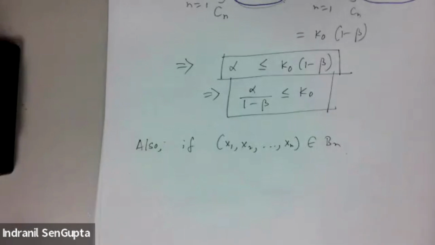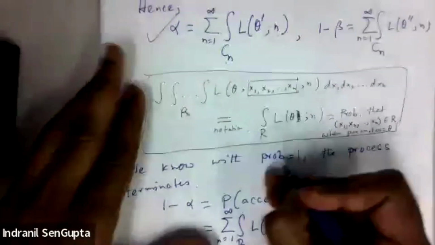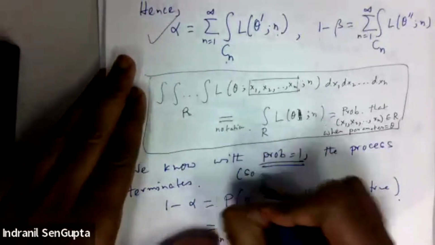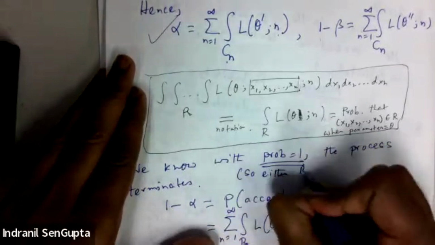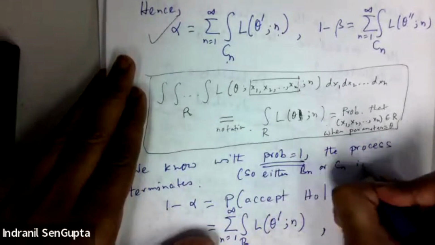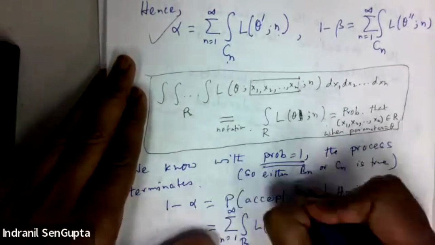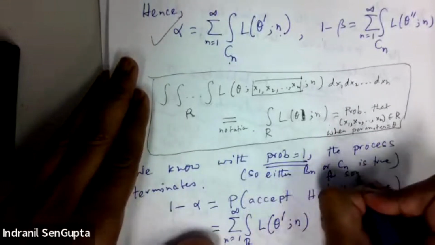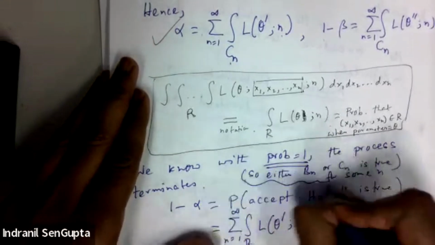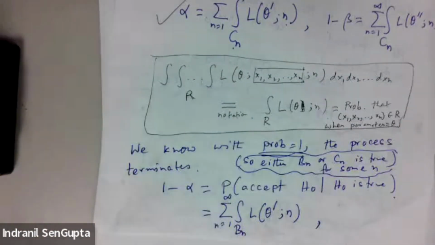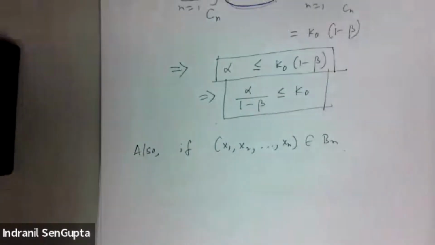Remember, we can always, all we have, so I wrote here with probability 1, but I probably didn't explain. So either Bn or Cn is true for some n. Okay, so that means either we'll accept the null hypothesis or we'll reject it at some n, right?